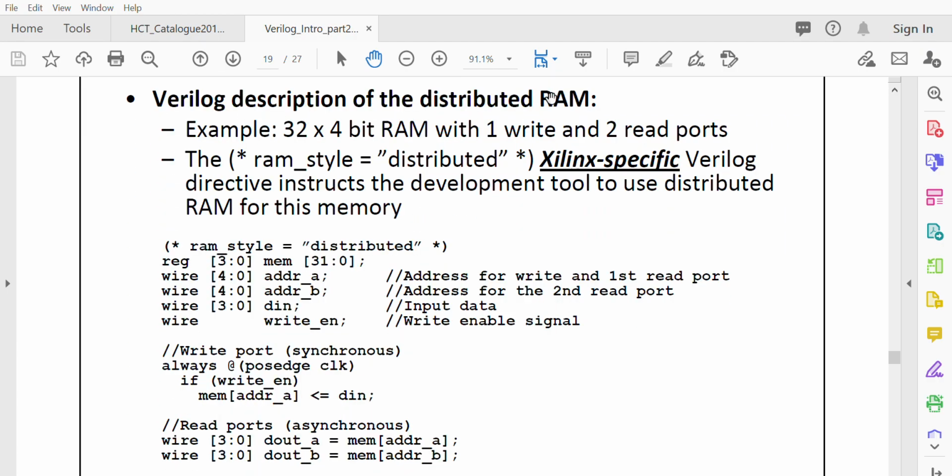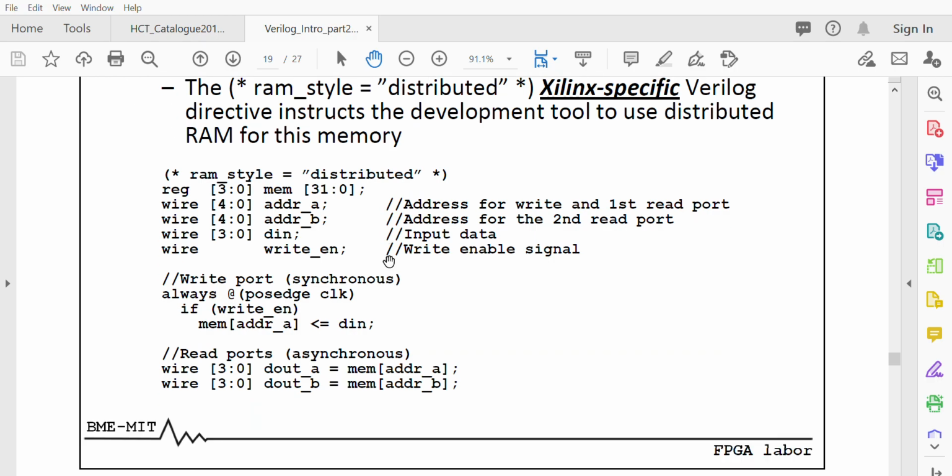Verilog description of the distributed RAM. So this is very important. You have a memory of 31:0, which is 32 locations of 4 bits. The address is 5 bits, address A and address B, 2 address ports, and then you have the data in, which is 4 bits, and then the write enable, which is a 1-bit wire signal.